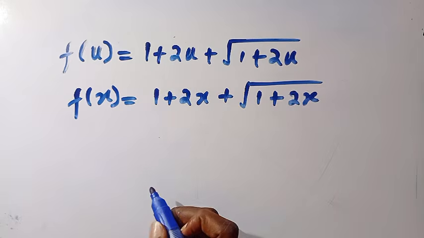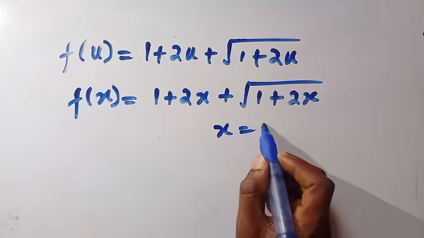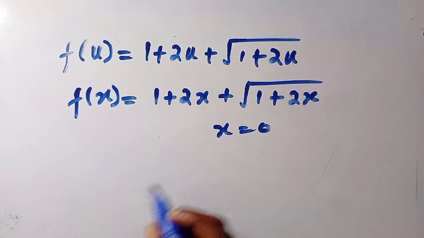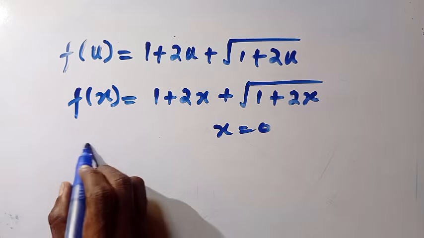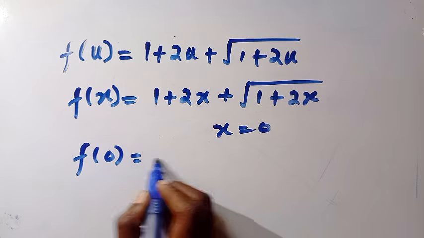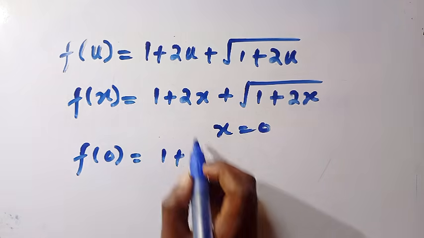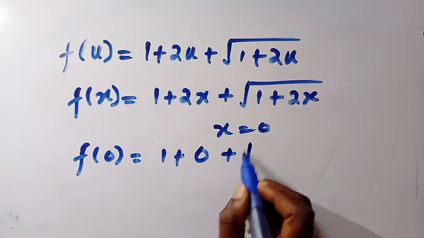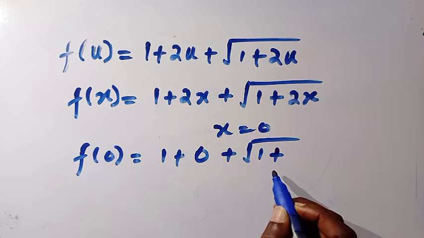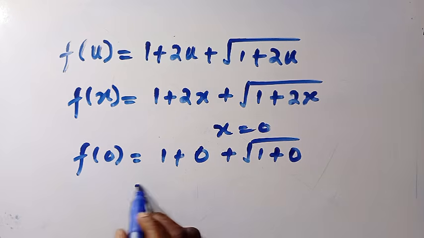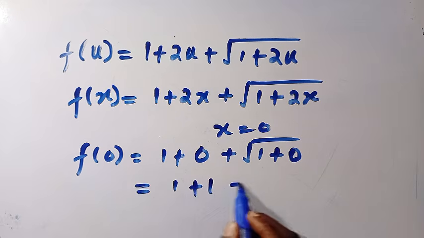Why is this not a single valued function? Suppose I assume that x equals 0. We are going to have two different values. We have f of 0 equals 1 plus 2 times 0, this gives 0, plus square root of 1 plus 0. So this is 1 plus 1, this gives us 2.